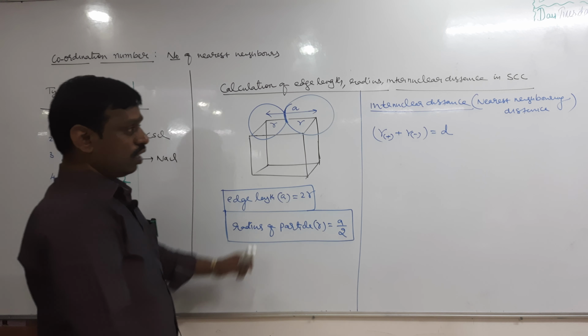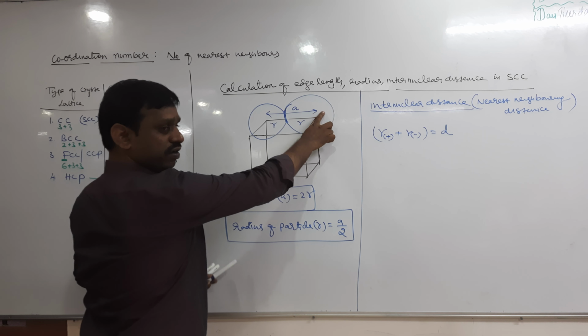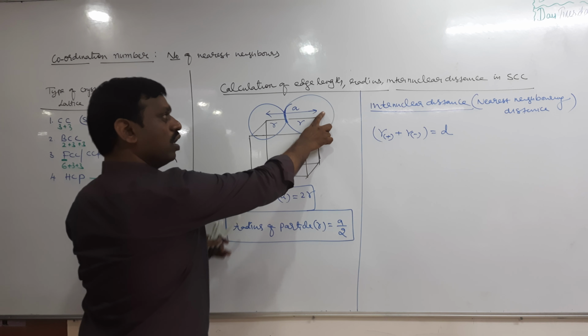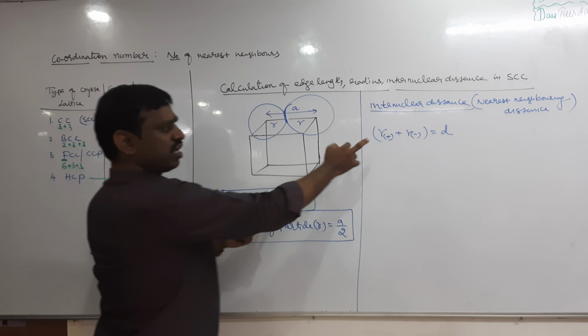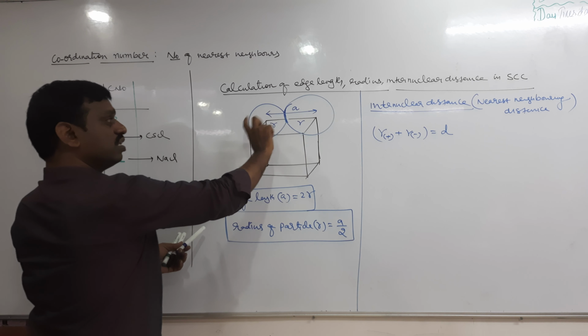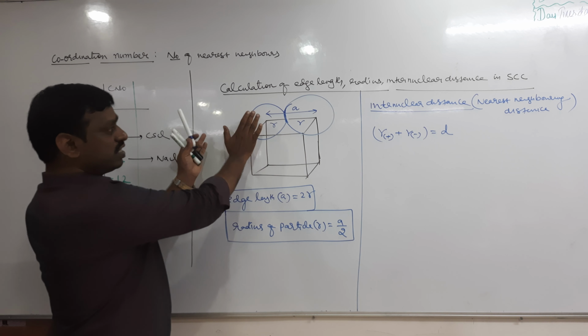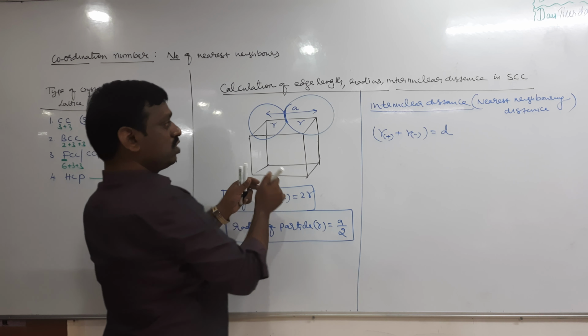Now tell me, suppose this is a cation, it is an anion. Or else both are cation, also you can take the distance between cations. If both are anion, you can take the distance between anions. So if it is a cation and an anion, then what is the distance here?